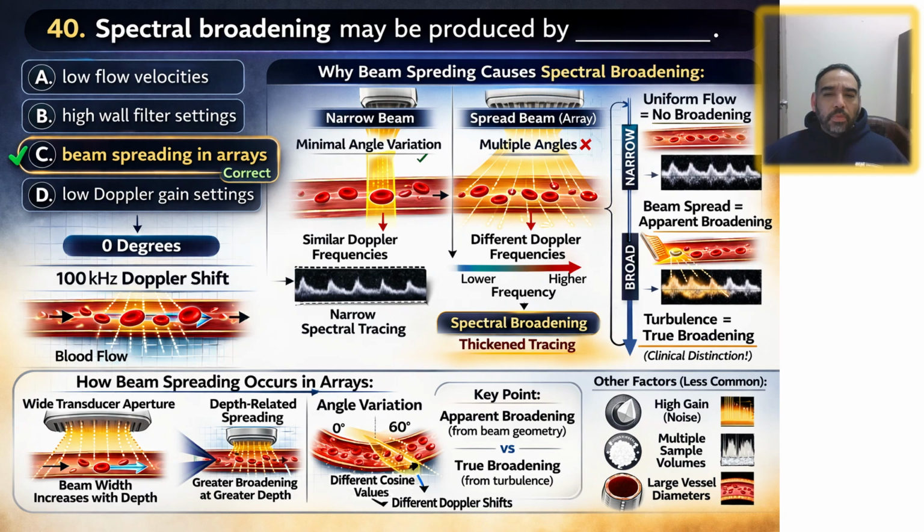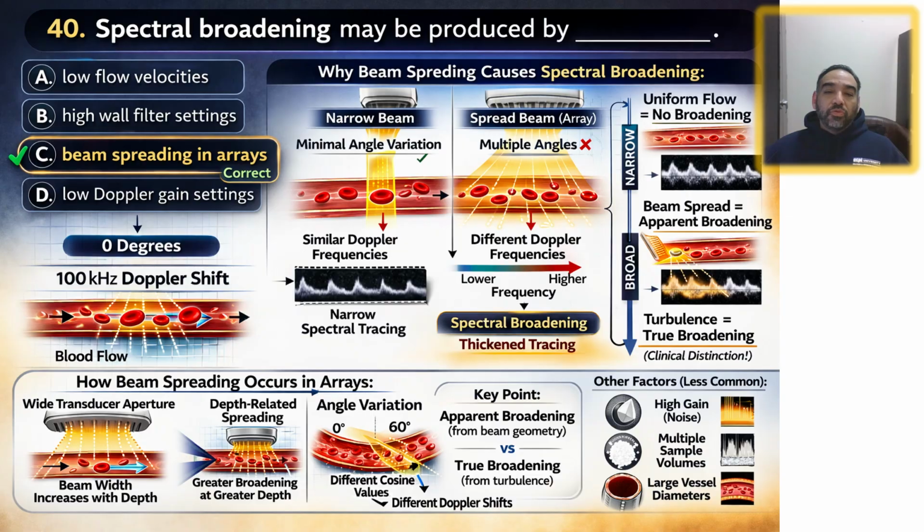Spectral broadening may be produced by beam spreading in the arrays, and here's why. In spectral Doppler, each moving blood cell produces a Doppler frequency shift. Now, if all red blood cells are moving at nearly the same velocity, you get a narrow spectral tracing, like we said with plug flow. But if the ultrasound beam spreads or widens, especially with array transducers, the beam insonates blood cells moving at slightly different angles.